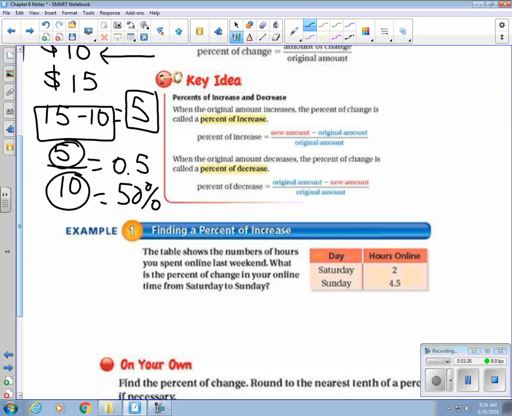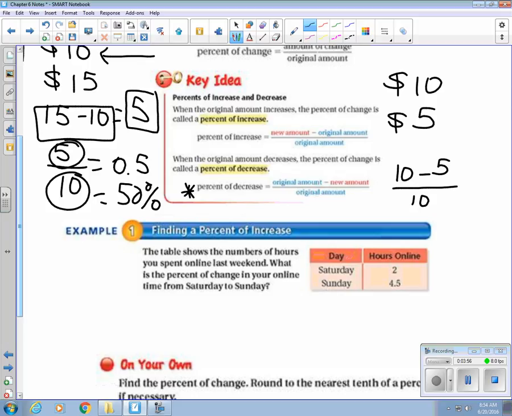When the original amount decreases, the percent change is called a percent of decrease. So let's say, for example, I started with $10, but by the end of the day, I only had $5. Okay? So the equation here for percent of decrease says take the original amount, which is $10, minus the new amount, which was $5, and divide it by the original amount, which is $10.